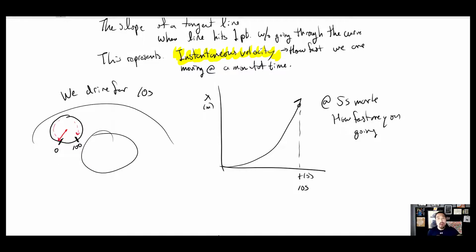You could tell me, at the 5-second mark, I'm moving 50 miles per hour. And what that means in terms of this graph is that data point at this 5-second mark. The slope of this line is equal to, in our example, the 50 miles per hour at that moment.